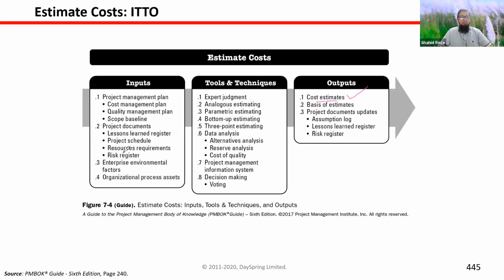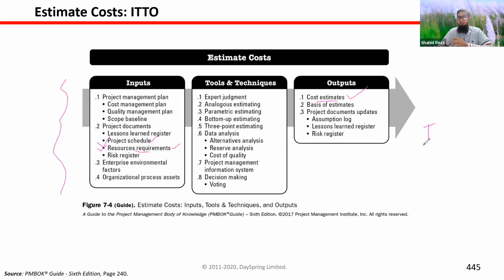So what do we need for input? One is the project schedule, because we need to know the duration of every task, and also resource requirements. What type of resource, and how many resources do you need? Resource requirements. So these two are the main inputs, right?